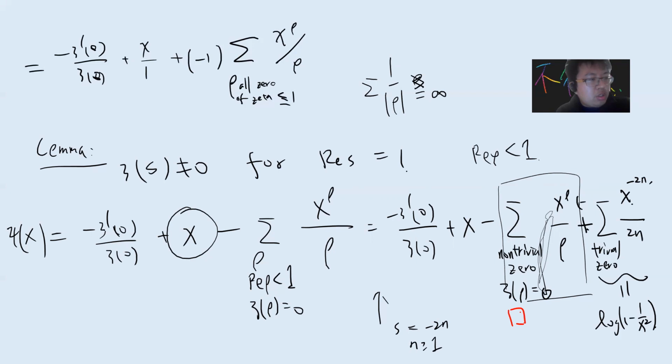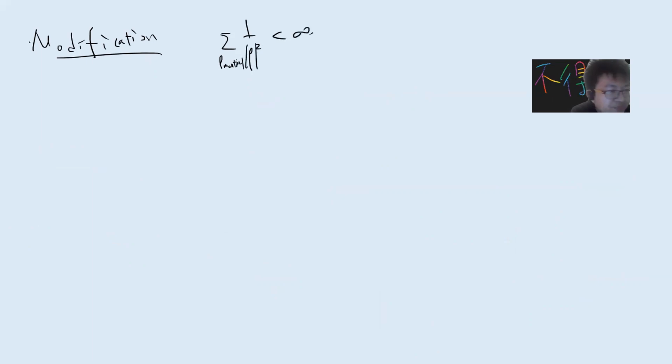So let me write down the modification, the 100% rigorous formula. One can show that over all the non-trivial zeros, the sum of 1 over rho squared is less than infinity. Then you can use our second main transformation.